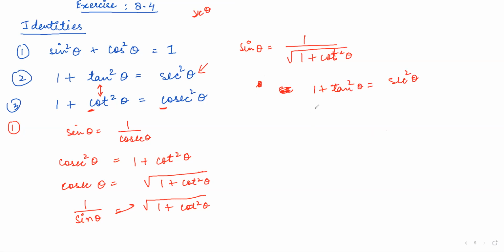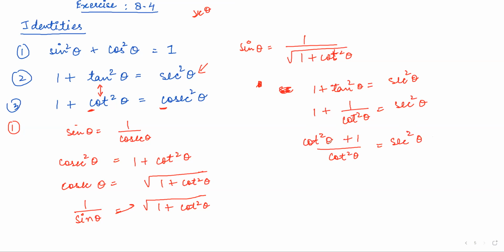So 1 plus, now tan I can convert into cot. So 1 plus 1 upon cot square theta is equal to sec square theta, right? Now you take the LCM. So this is cot square theta, and then this will become cot square theta plus 1 upon cot square theta is equal to sec square theta, right?